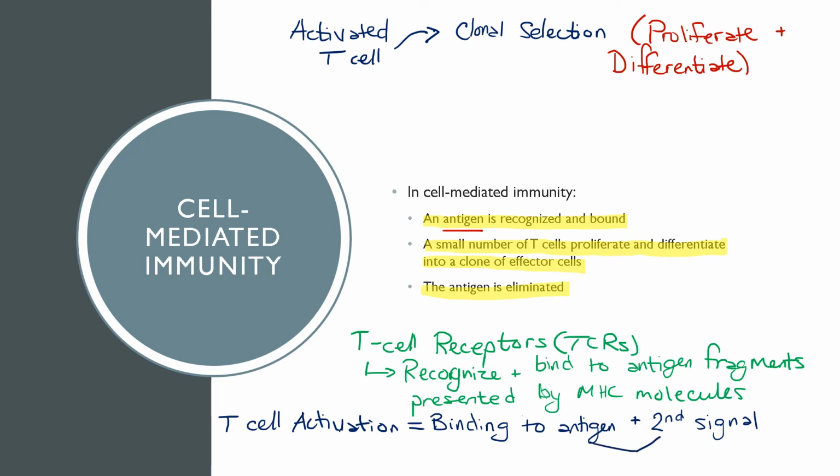So these two together would be co-stimulation. Now, there's more than 20 known co-stimulators. Some of them are cytokines, one of them being interleukin-2. This acts as a co-stimulator, or it acts as that second signal to help activate T cells. So interleukin-2, one of those cytokines that we looked at before, is a very common co-stimulator.